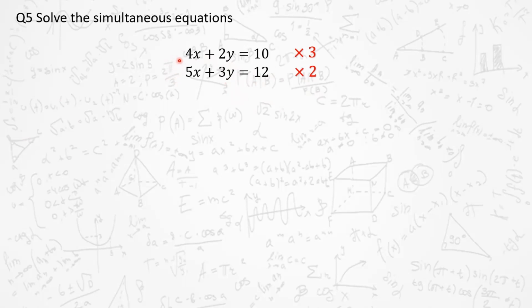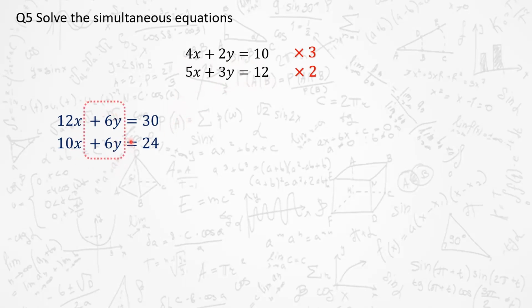So for my top equation, I would have 12x plus 6y equals 30. Every single term was timed by 3. Bottom equation became 10x plus 6y equals 24. Every single term was timed by 2.